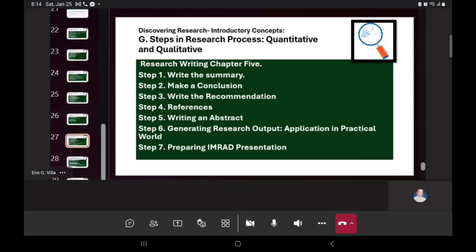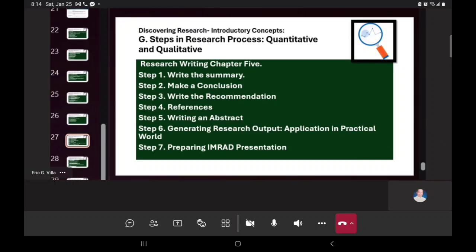Conclusion formation entails our step 2. The conclusion synthesizes the research findings and their implications. This step requires careful analysis of results and their relationship to research objectives, creating a coherent narrative that ties together all elements of the study.